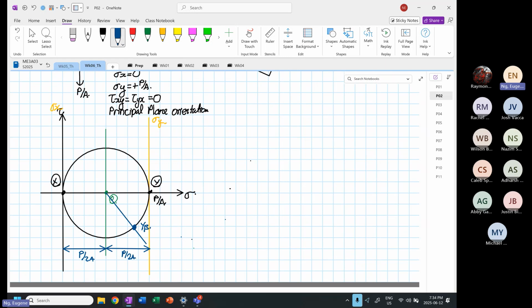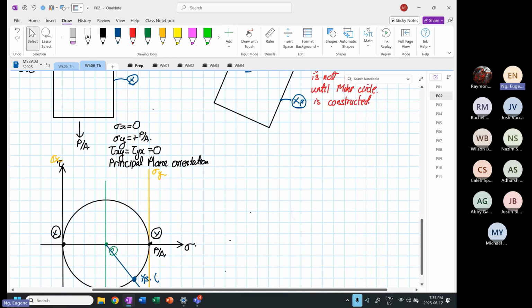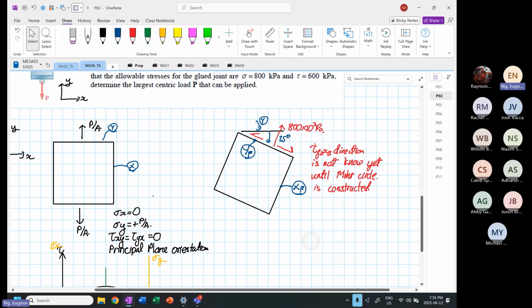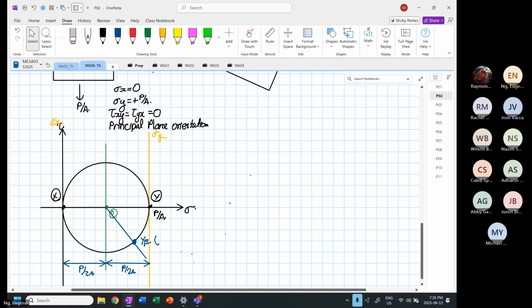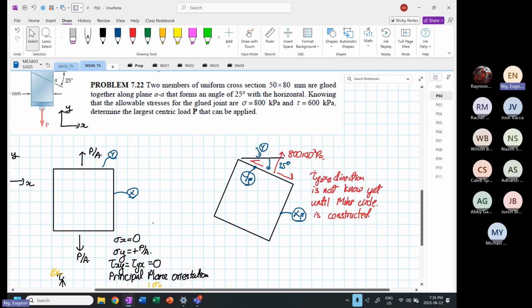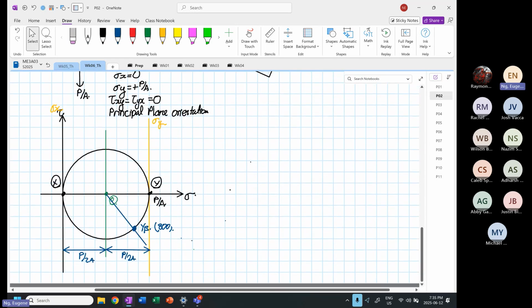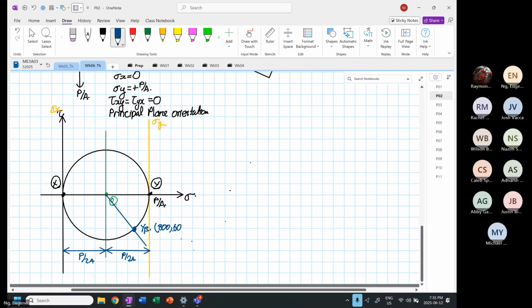And given to us at Y beta, we have a normal stress of 800 times 10 to the power 3. And the shear we are given is equal to 600. And both of these are in kilopascal.